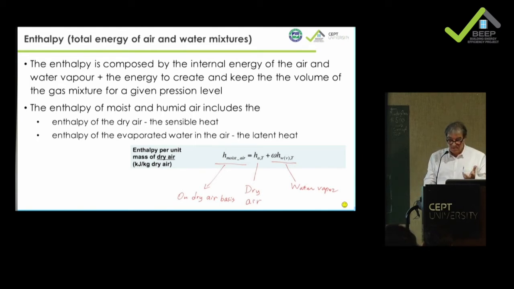That means the latent heat you have to give for making water vapor from water. And then it's also when it expands to take its space that makes the enthalpy part of the humid air. So typically you are adding the dry air and the water vapor.